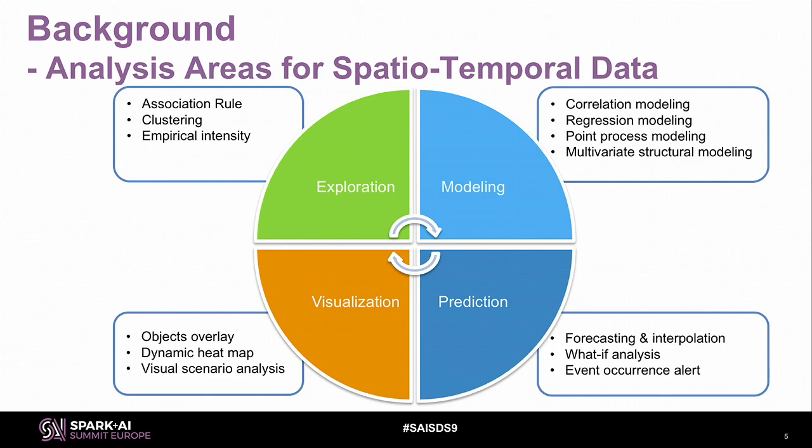Some common ideas can also be applied in this area. In the exploration phase, we use association rules and segmentation methods, and in visualization, we use dynamic heat maps and object overlays to help users understand what happened in their spatial temporal data. For the modeling and prediction part, we have some pattern extraction methods, and also some prediction ones.